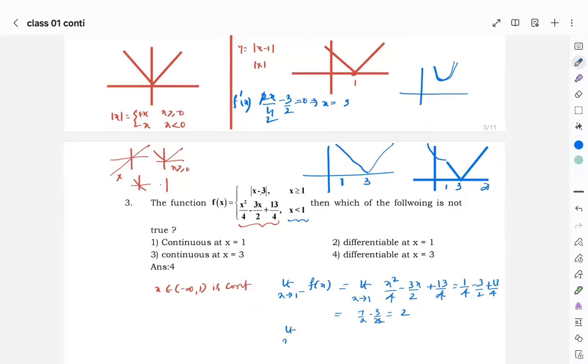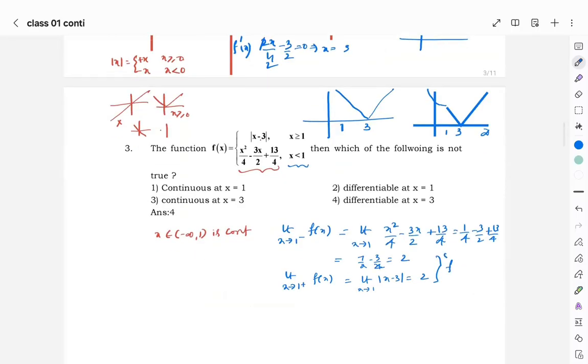For 1 plus f of x, we write here x more than 1, mod of x minus 3, which is 2. So we say f is continuous because both our right and left limits are equal.